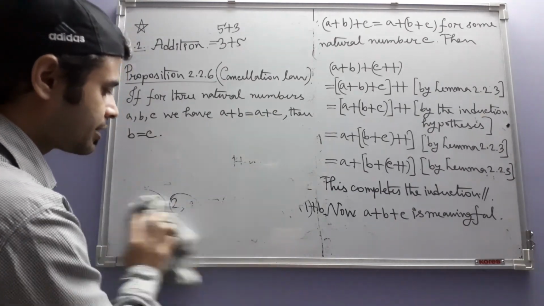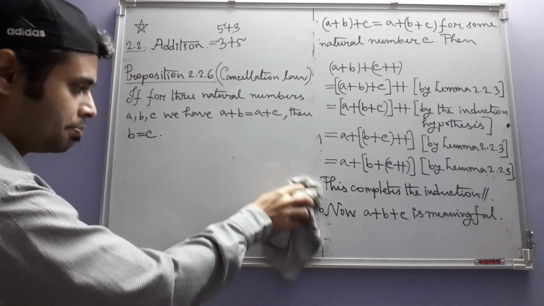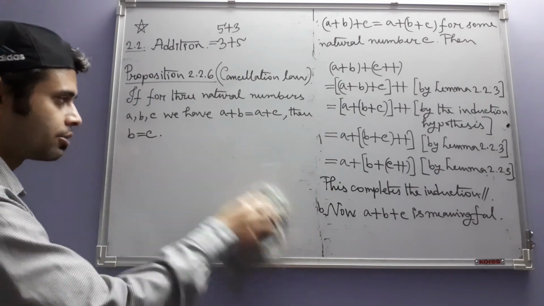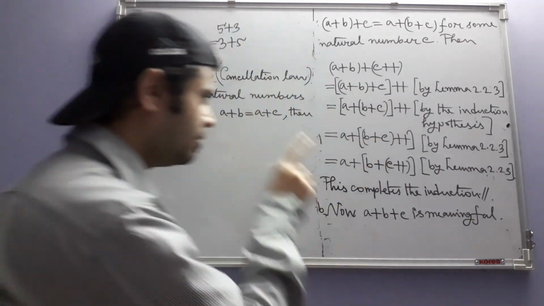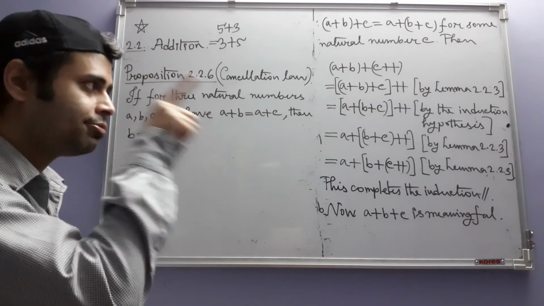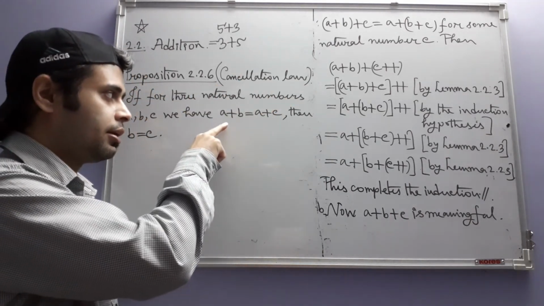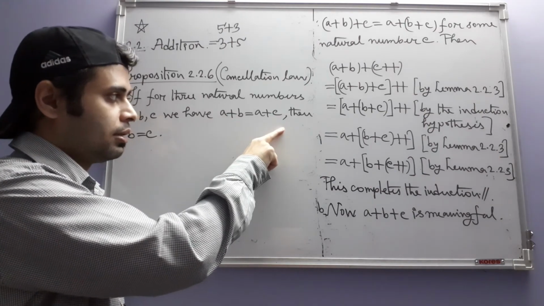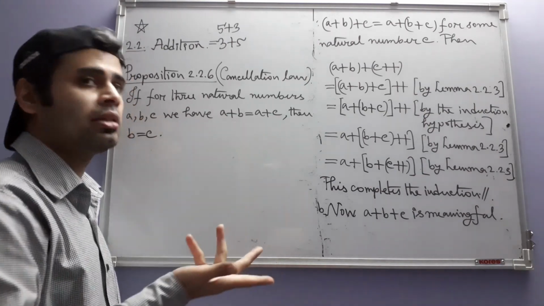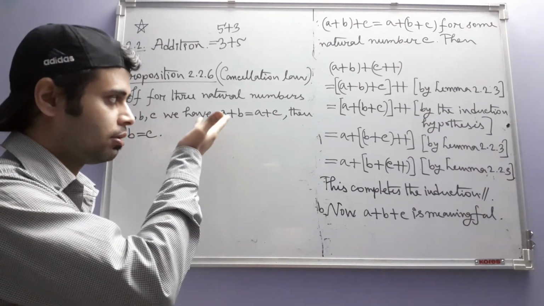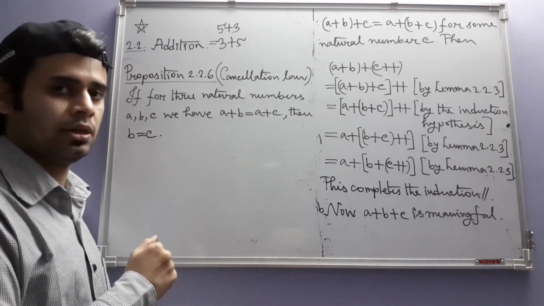In fact, this cancellation law, when we prove it without any subtraction, will eventually help us define subtraction when we introduce the integers, because it allows a virtual subtraction even before subtraction is defined officially.